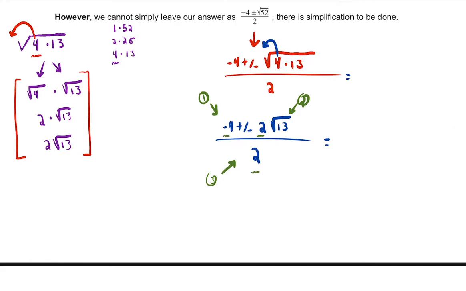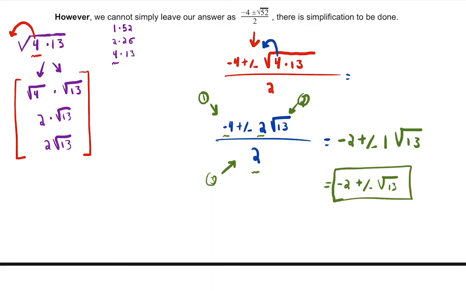So negative 4 divided by 2 is negative 2, plus or minus 2 divided by 2 is 1, times the square root of 13. Or, written more simply, negative 2 plus or minus the square root of 13. And that's how you would enter it on Delta Math. There's a little plus or minus button for you to do that.